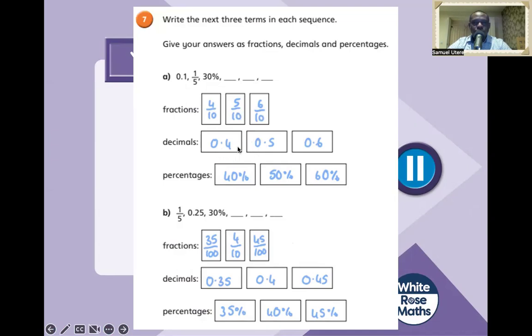Okay, I hope you remember this. And then as percentages, this one we can see that's 1/5, which is 0.2, that's 0.25. So it's increasing by 0.05, or it's increasing by 5%. So this one should be 35%, 40%, 45%, and so on and so forth.